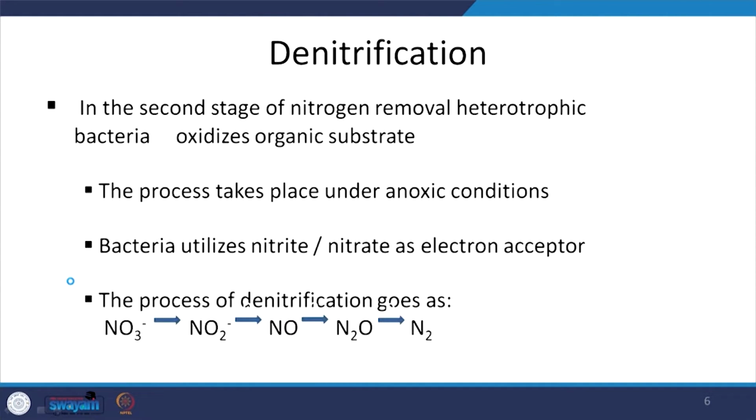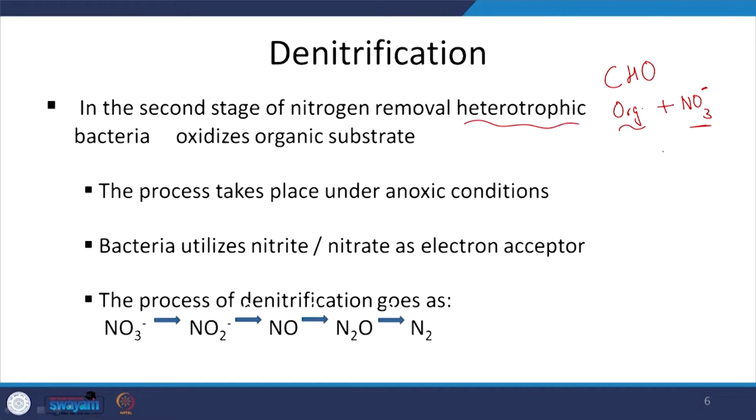So denitrification. In the second stage of nitrogen removal, heterotrophic bacteria are involved. Why heterotrophs? Because they need a source of organic carbon. But unlike earlier, what's the electron acceptor here? It's not oxygen, but NO3 minus, produced from nitrification. So it's not an aerobic process, but an anoxic process.